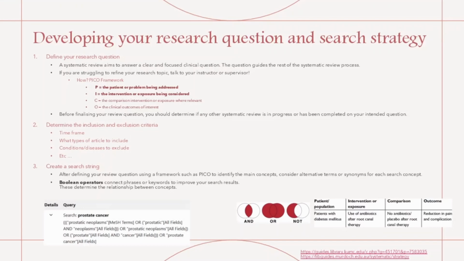Before finalizing your research question, one additional important step that you should do is to actually check if a systematic review that answers your same question has already been published.